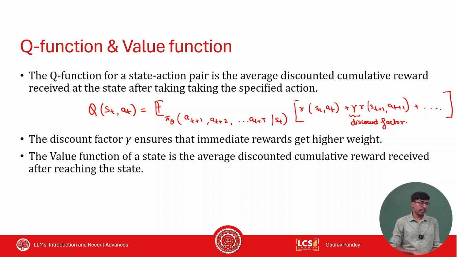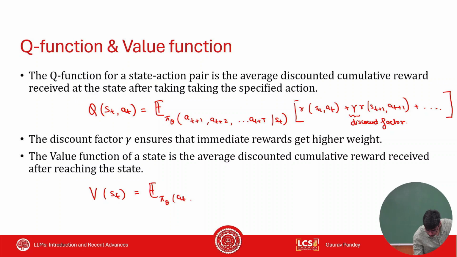The only difference between Q and value is that the Q function depends on the action that you took at a particular state, and the value function depends only on the state.